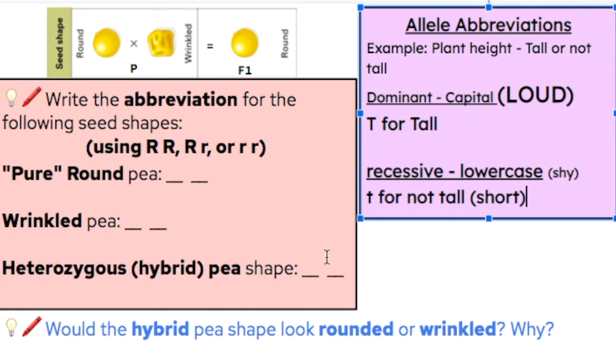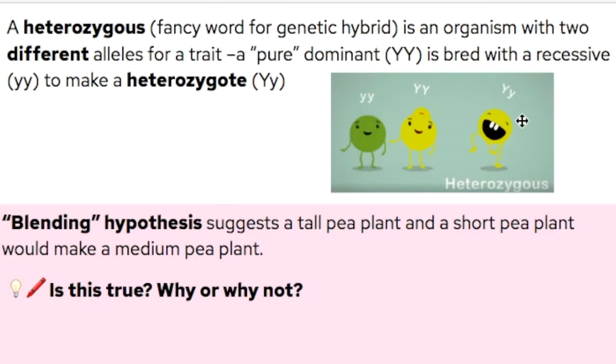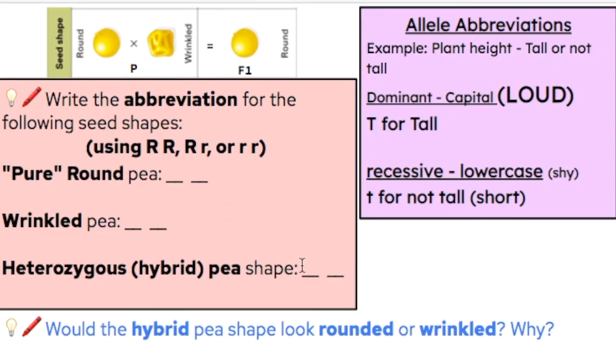And then write out what a heterozygous, remember from here, if you go back to the slide before, here's our little heterozygous pea buddy. We have a capital lowercase, spoiler. Go ahead, write out the hybrid pea abbreviation. Now, one more question based on that hybrid pea. Would that hybrid pea based on this look rounded or wrinkled? And why? So go ahead and write that down here.